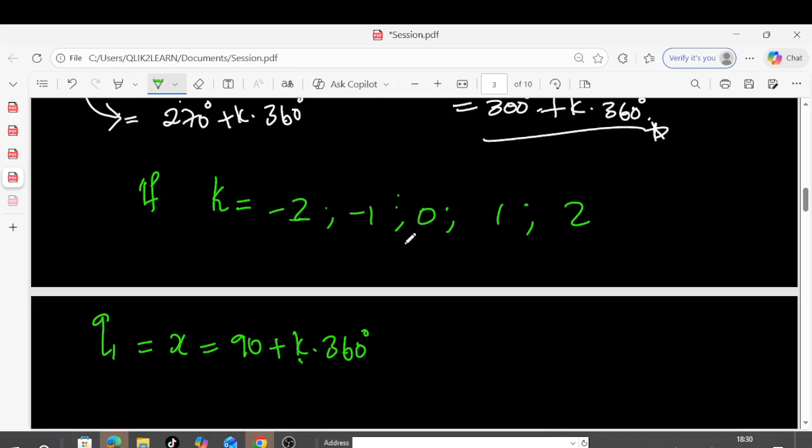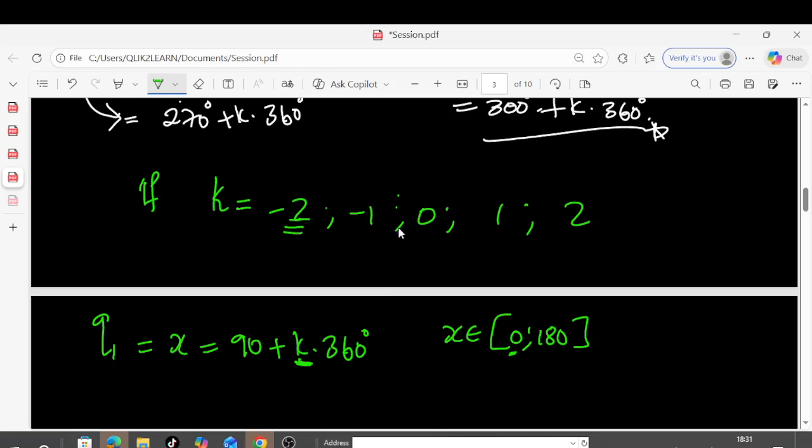We need to reject some of the solutions. You substitute the value where there's k. If the answer is between 0 and 180, you accept it, but if it's not between, you reject it.